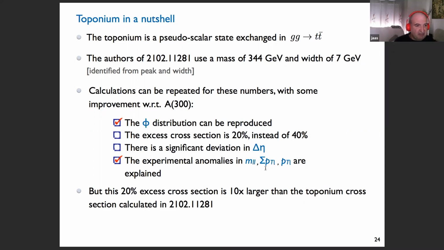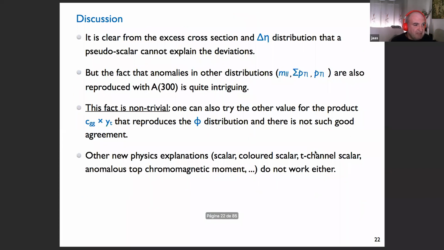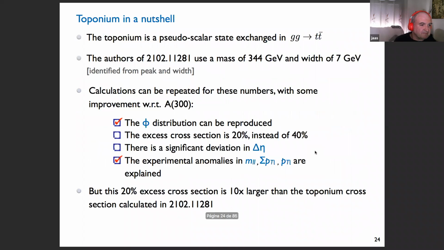I have not mentioned that, well, if you look at the tails here, it's not exactly the same at the left and at the right, but I'm using leading order. It's expected that if you use next to leading order, the matching would be better. Still, that is a calculation for the cross-section of toponium production.